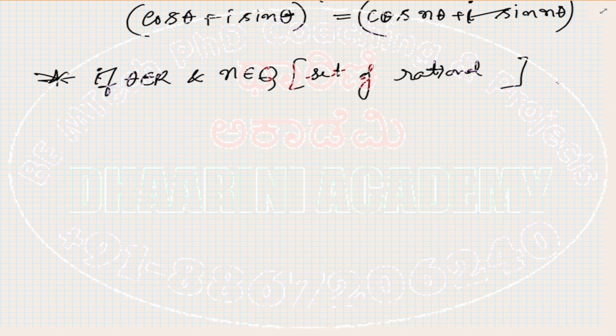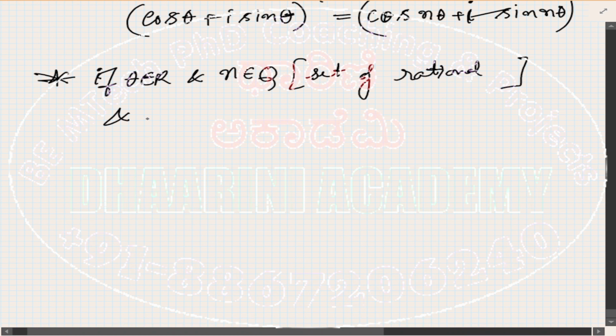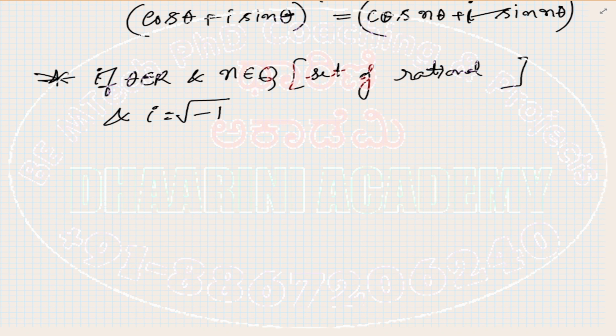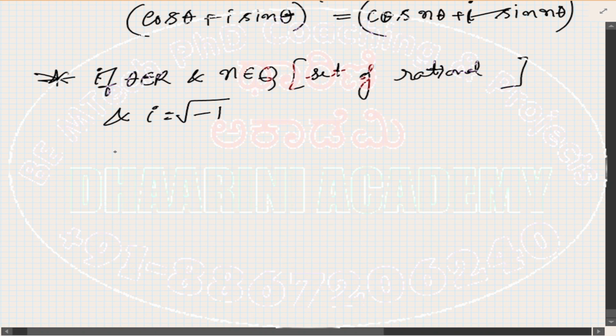If you have any rational number, and also I need to define i is equal to root of minus 1, if this is the condition, then this is also going to generate (cos theta plus i sin theta) whole raised to the power n is equal to cos n theta plus i times sin n theta.